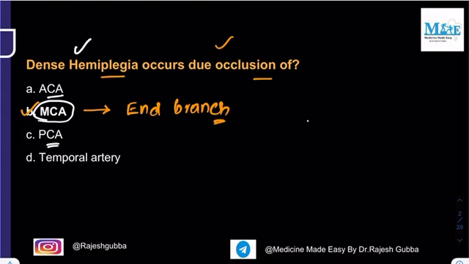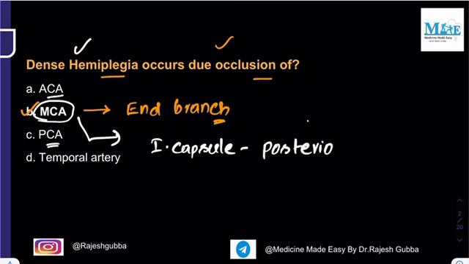That is one explanation. The other explanation you need to know is where this middle cerebral artery supplies: it supplies the motor fibers at the level of the internal capsule, right? In the internal capsule, you have the anterior limb and as well as the posterior limb. And in the posterior limb, there is presence of the motor fibers.